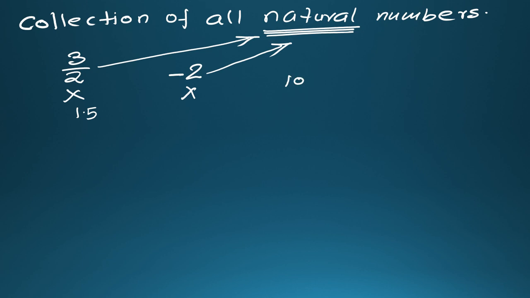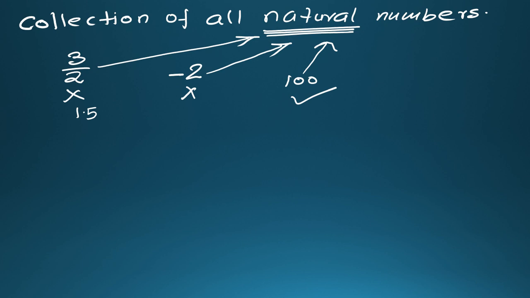If I say 100, then will it belong to this collection? Yes, because it is a natural number. It is a positive counting number. So for any particular example, you can say that yes, it will belong to the collection of natural numbers, or it will not belong to the collection of natural numbers.